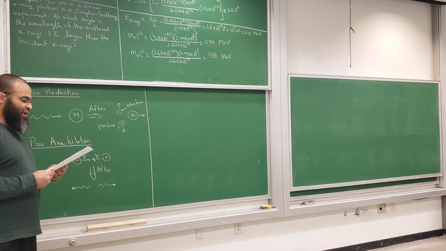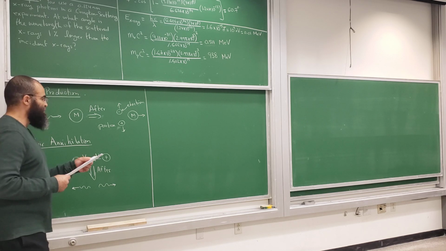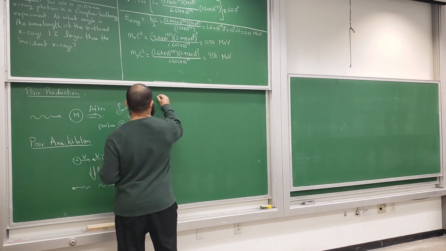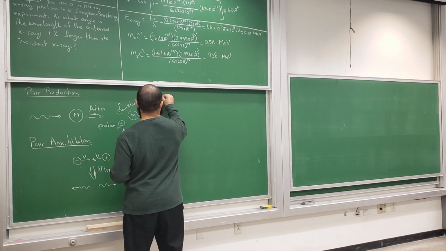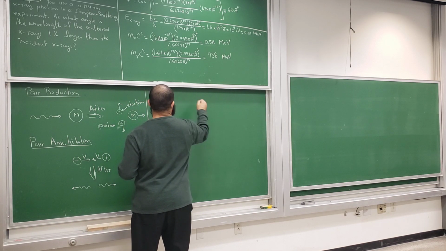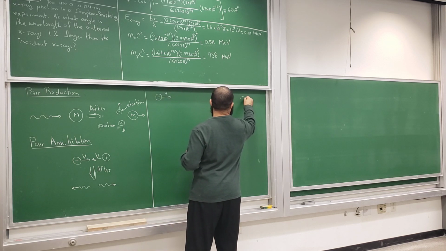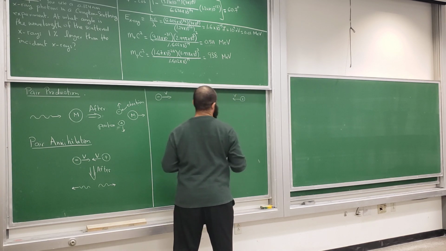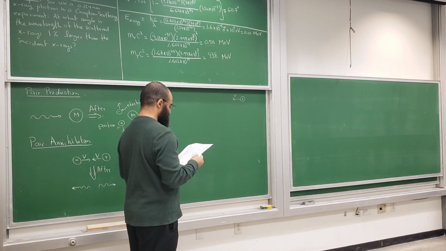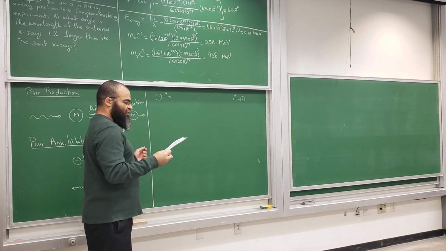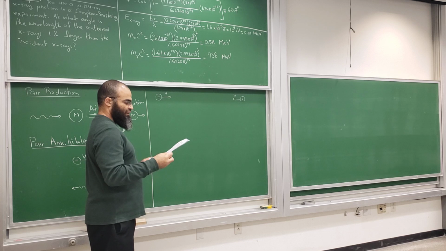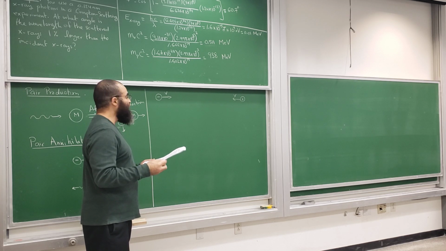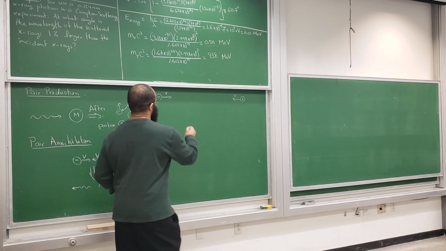So an electron and positron, initially far away, move towards each other with the same speed. So here is an electron, positron, same speed. And what happens, they collide, and then they destroy one another, and they disappear.